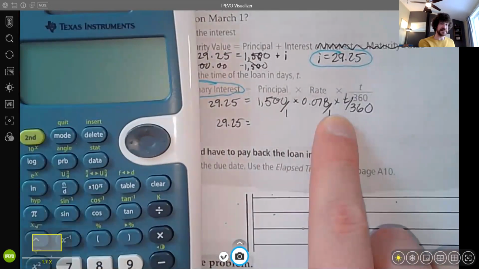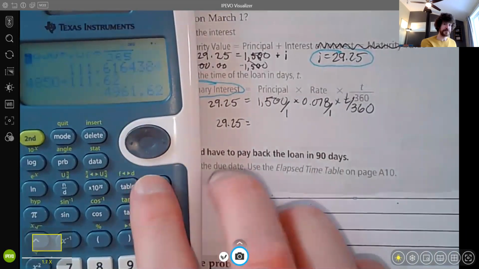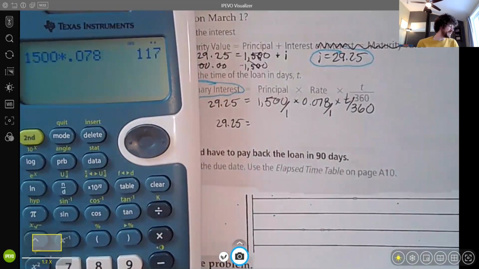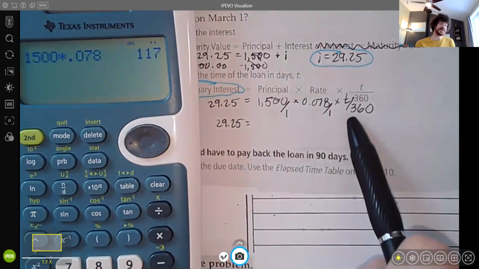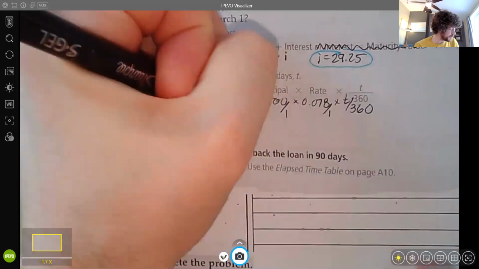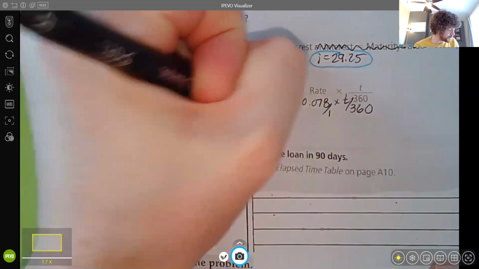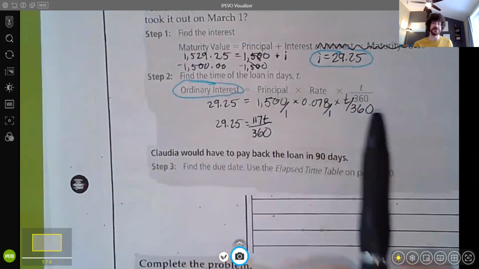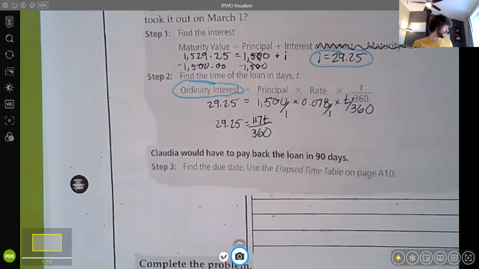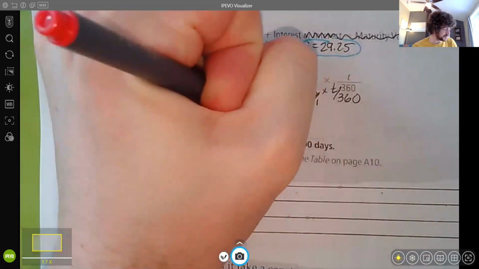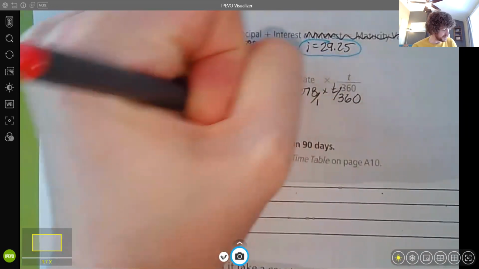So that's 1,500 times 0.078 is 117 times T. So we have 117T on the numerator over 360, because 1 times 1 times 360 is just 360. Now we have 2 more steps. We now have to get rid of our denominator of 360, so we have to multiply both sides by 360.